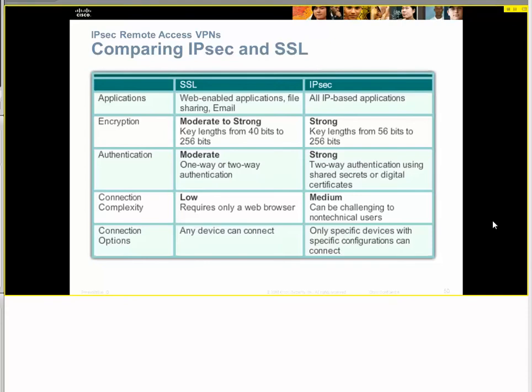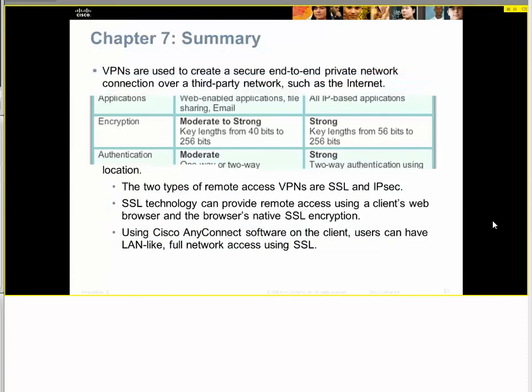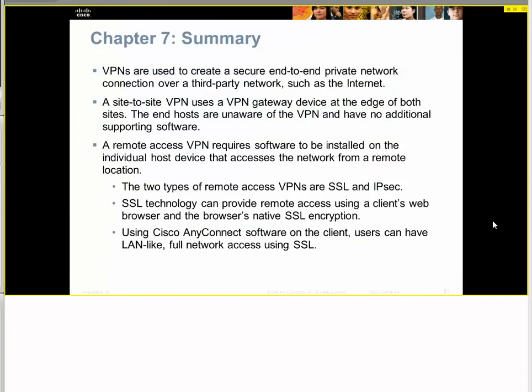Whereas IPsec can only negotiate with devices that have the Cisco client included. Michael, it's port 443, not just 43. Port 443.